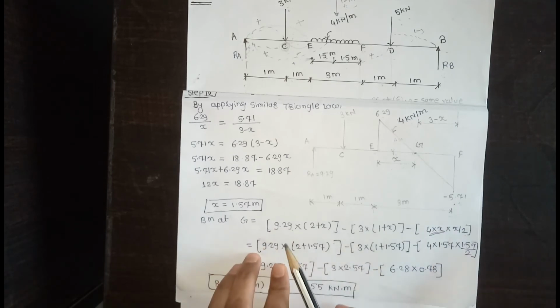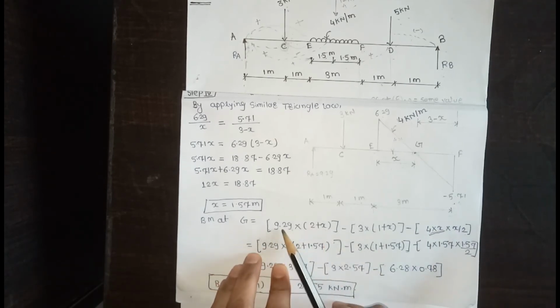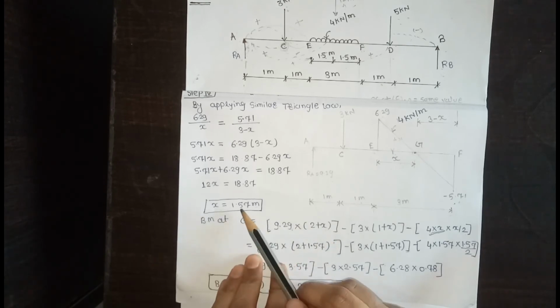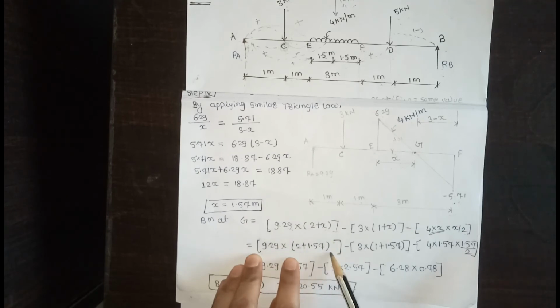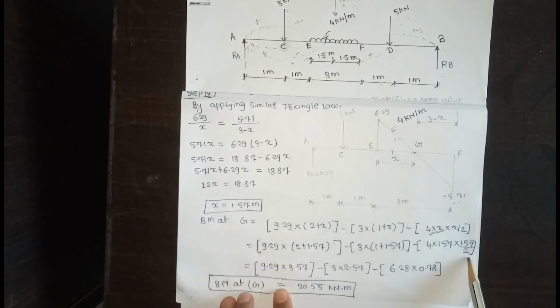Okay, so put in the value of x: 9.29 into 2 plus x. What is the value of x? 1.57. So 2 plus 1.57, minus 3 into 1 plus 1.57, minus 4 into 1.57 into 1.57 divided by 2.